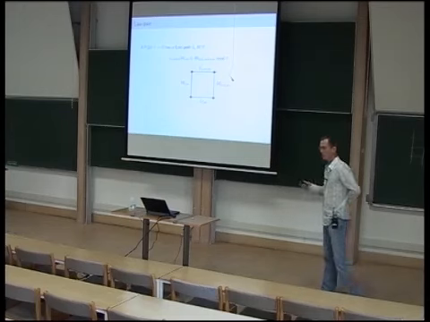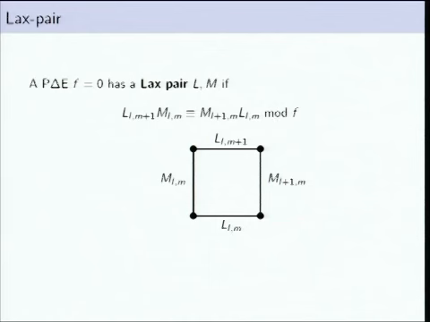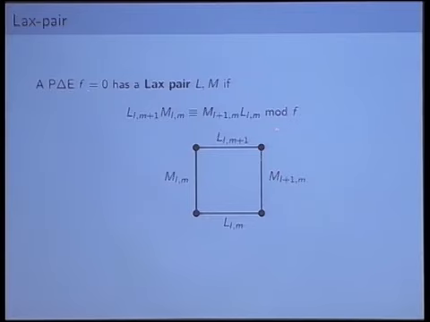So what I mean by integrable on the lattice level is that there is a Lax pair. This is a very weak form. You could also say that this equation here should hold if and only if the lattice equation is satisfied. That's a bit stronger, but for our purpose, this will be all right. Now, this equation here, you can view it as two ways of going from this point to that point.